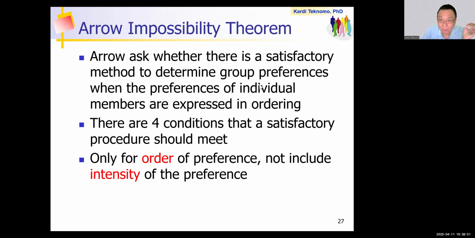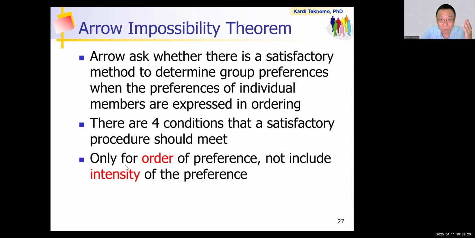He mentioned 4 conditions that a satisfactory procedure should meet. This is the assumption: he only assumed order of preference, not including intensity of preference. So it's just transitivity. The order is important, not the numbers, how much.